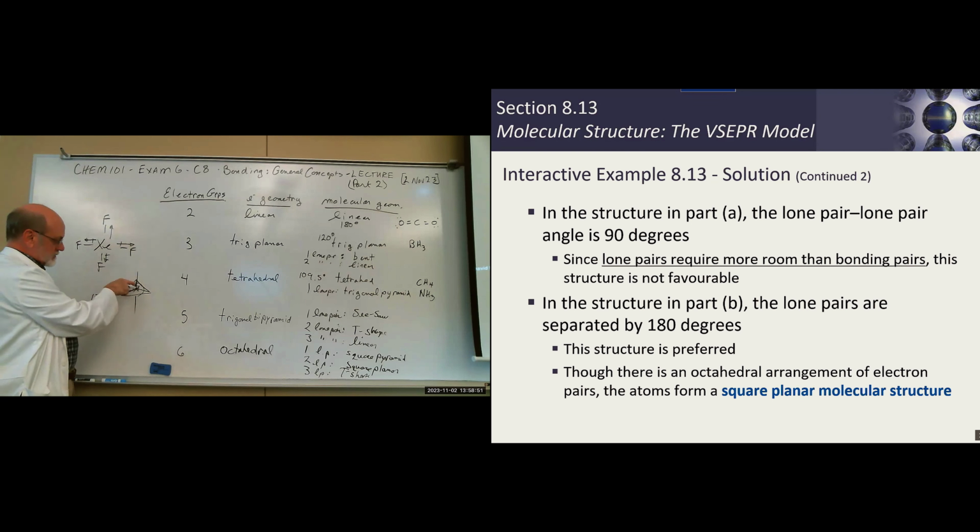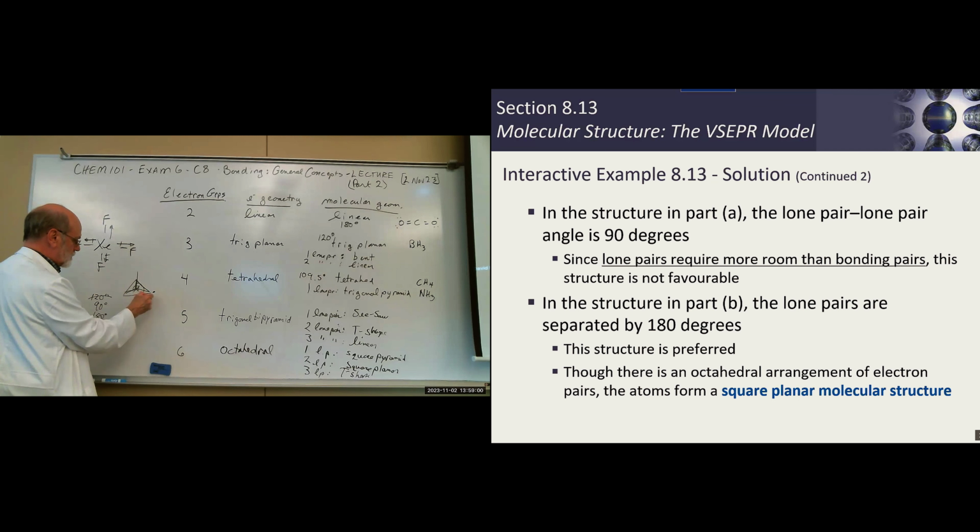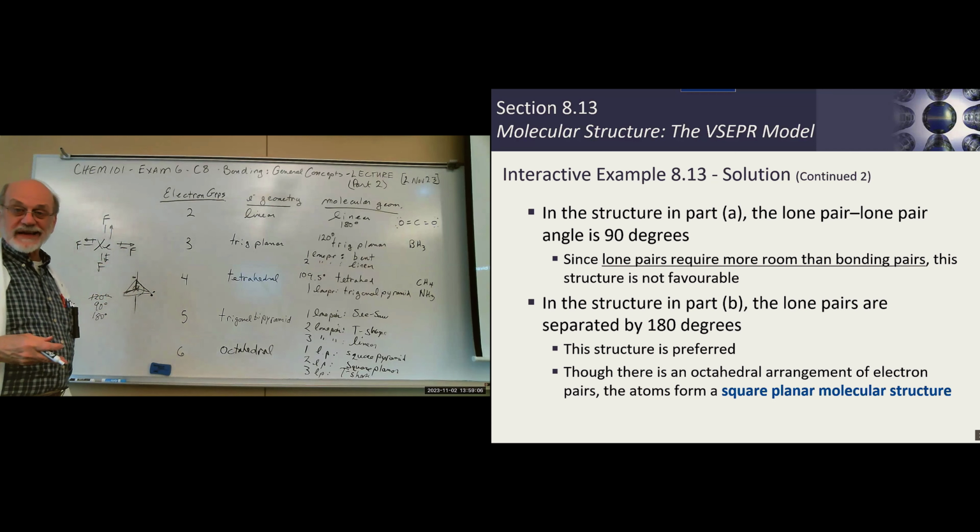But if we take that out, then we no longer have the possibility for 120 degrees if we've got two lone pairs. Right? Then we only have this one, this one, this one in a T. So it's either 180 or 90. Right? So there are your possibilities.